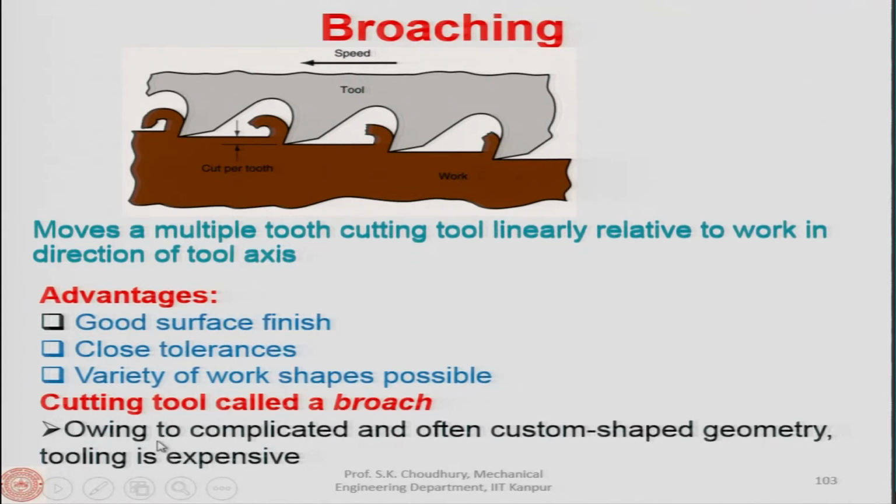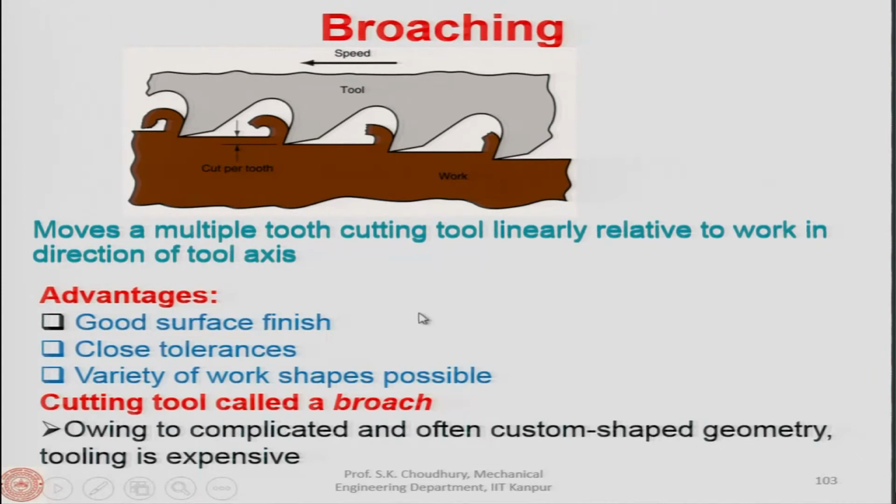Owing to complicated and often custom shaped geometry, tooling is expensive, and tooling is also expensive because here the entire broach, which is very heavy, very big, and can be very bulky, has to be made of the same material. And once again I will repeat that the tool material is very expensive, I told you this already.